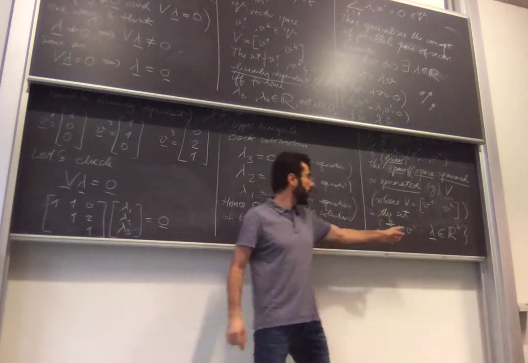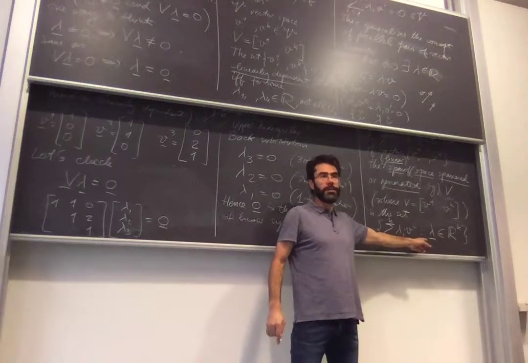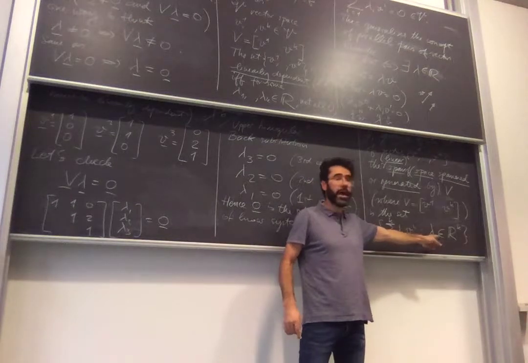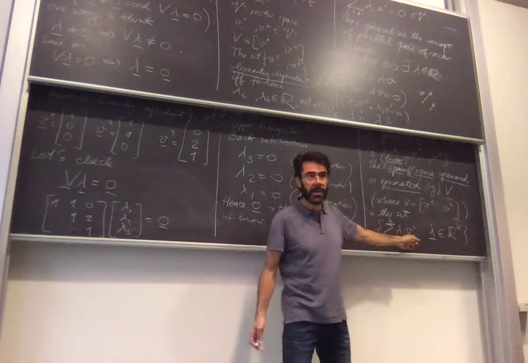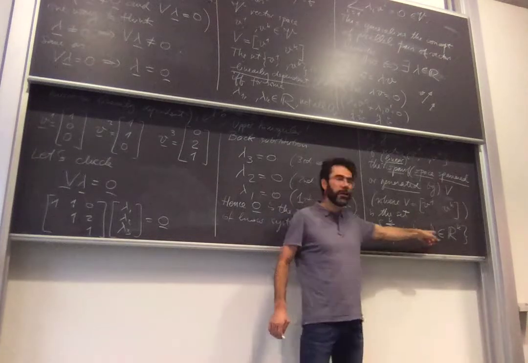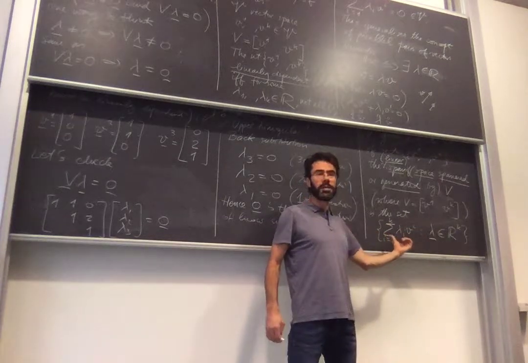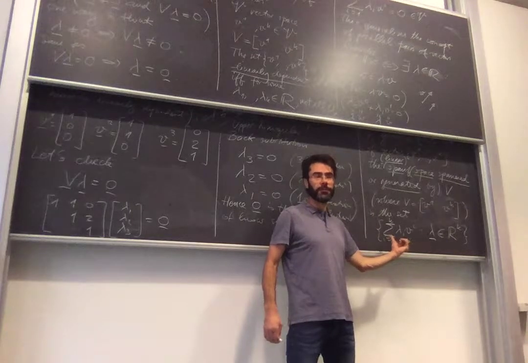Basically, I go through all the lambdas in R^k. Of course, there are infinitely many, but in my mind, I can do that. And then I collect the result of all these operations, all the outputs.